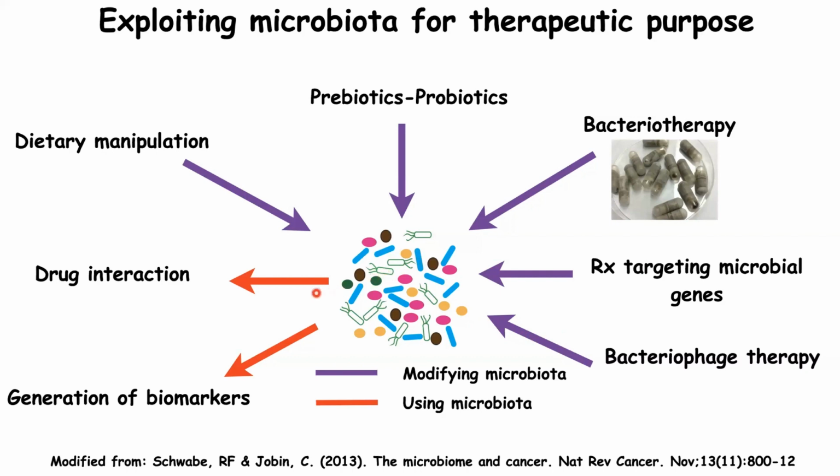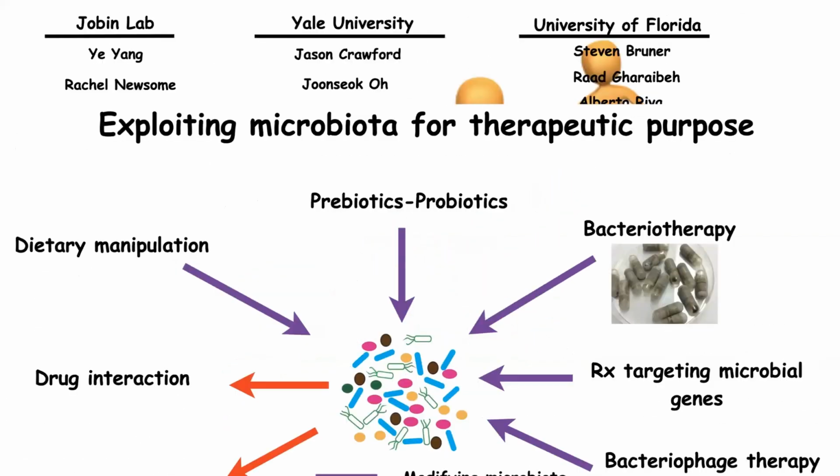On the other side, with the red arrow, you could harvest information from the microbiome to predict drug interaction or generate a biomarker of disease progression, responsiveness, or susceptibility to cancer. So this is very active in terms of research.